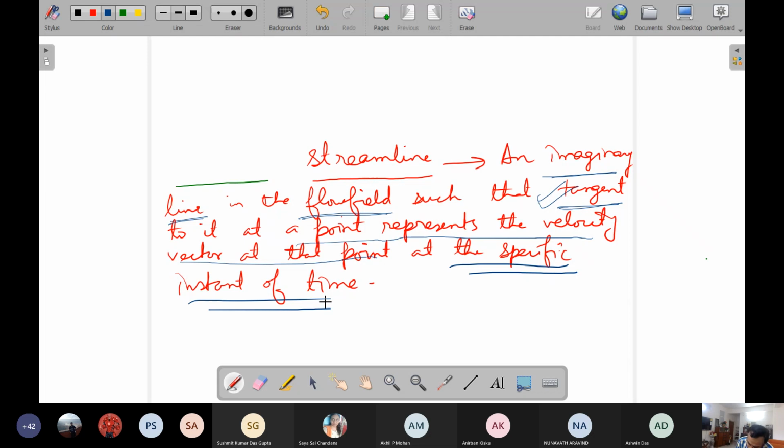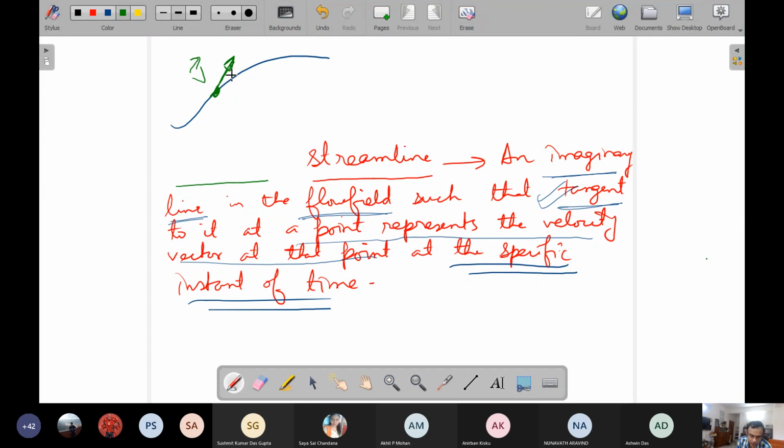So if we consider, by following this definition, this is what we construct as a streamline. Then if you draw a tangent to this line at this point, either way it could be front or back, doesn't matter, it will represent the velocity. I mean the sense whether it is towards the up or down is really not within the purview of the streamline.